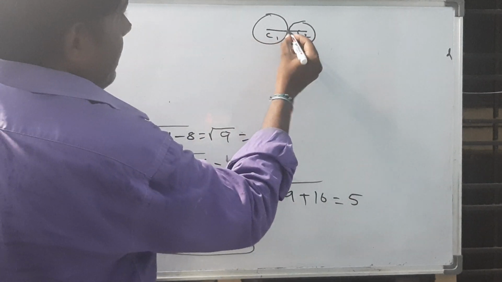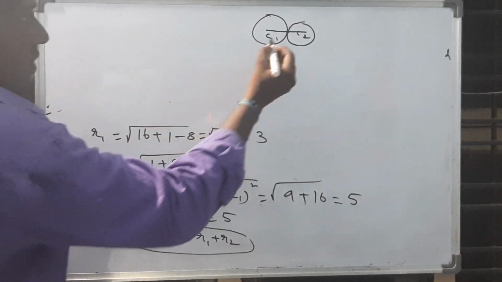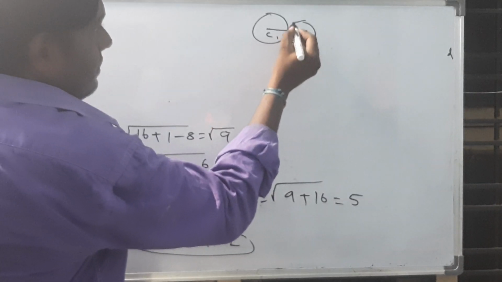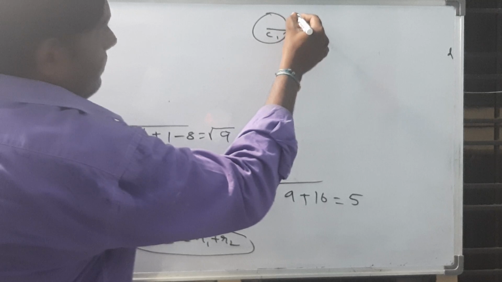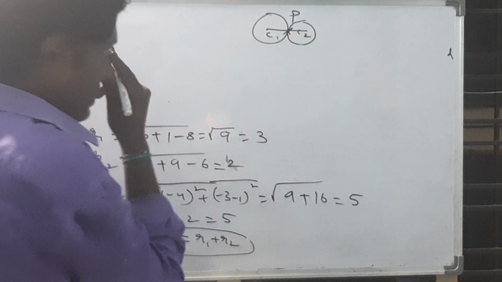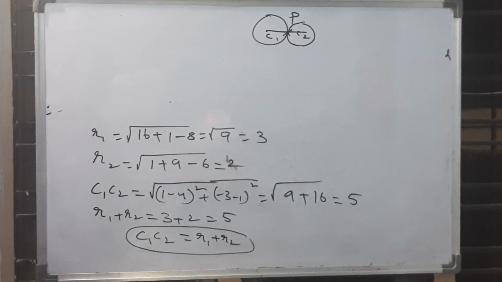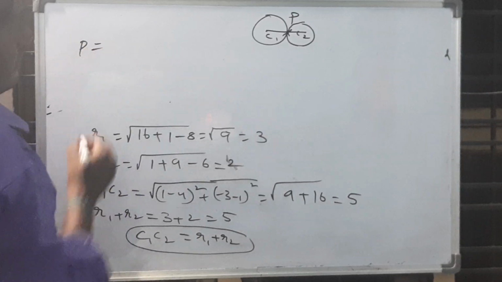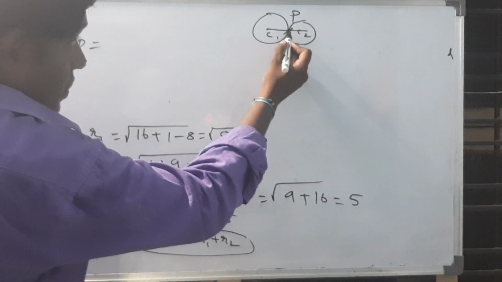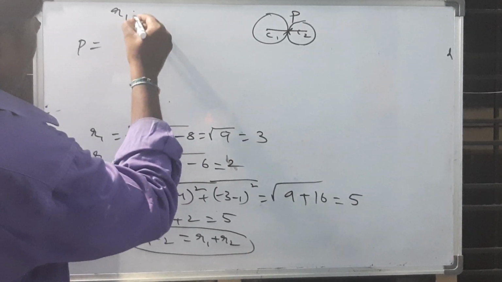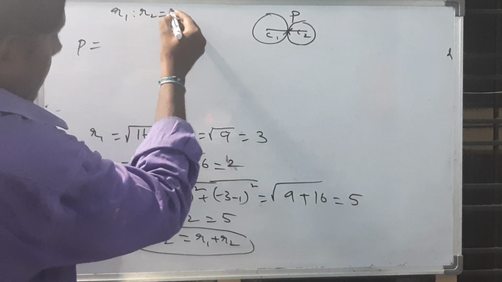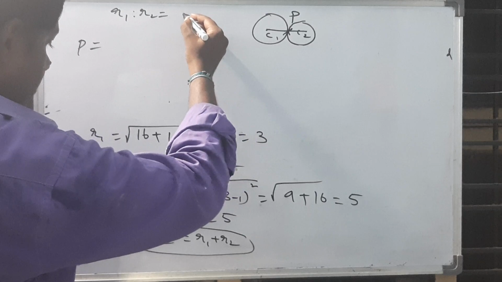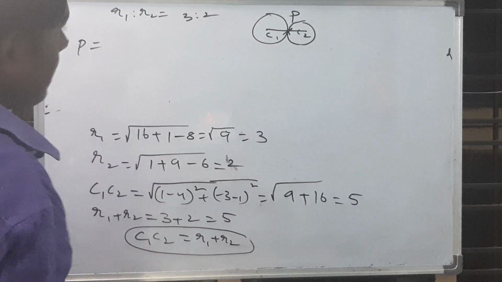So let us take the point of contact as some P. P divides C1C2 in the ratio R1 is to R2, that is, R1 is 3, R2 is 2, internally.